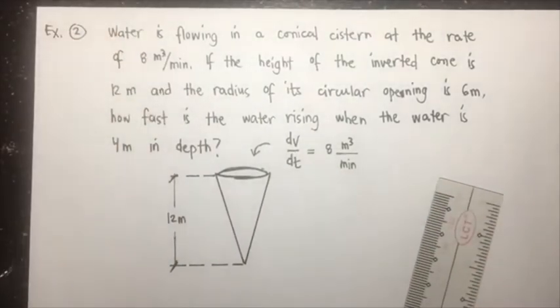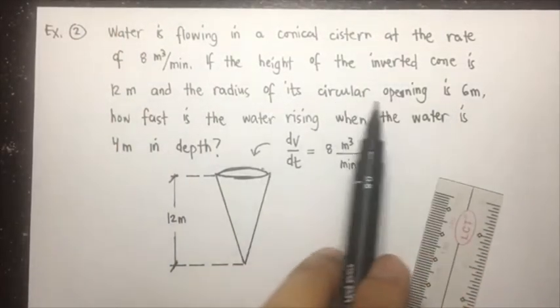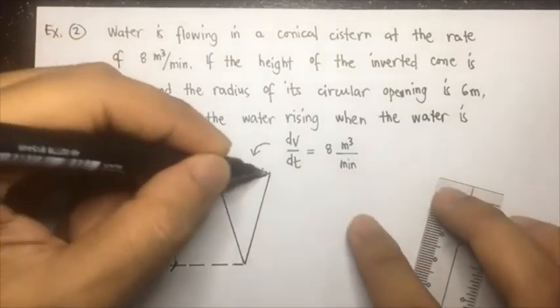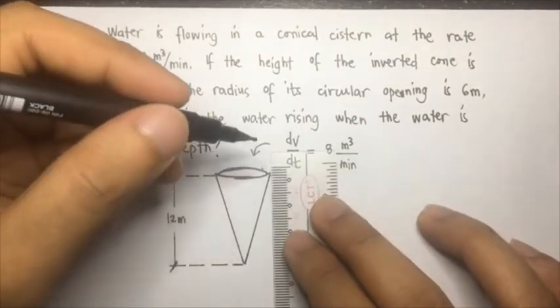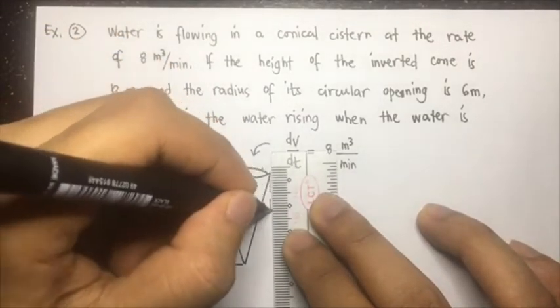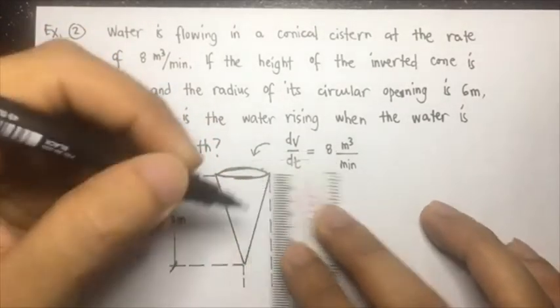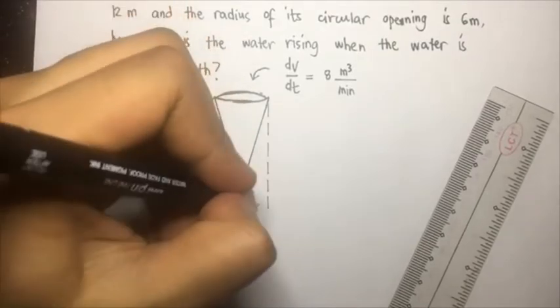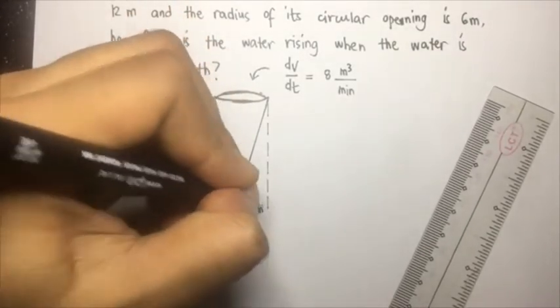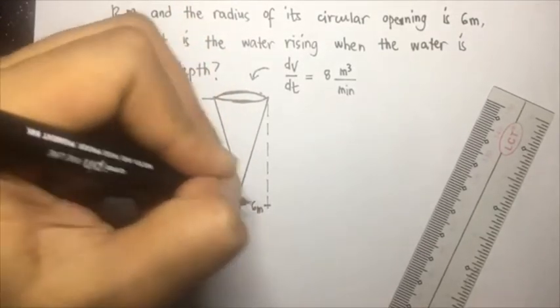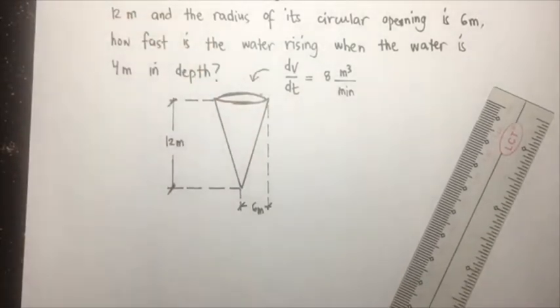And then we have a radius, the radius of the opening above. So this is 6 meters.